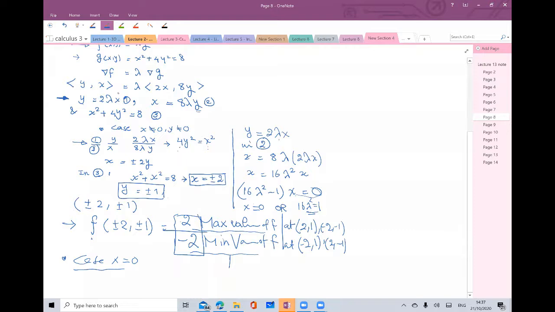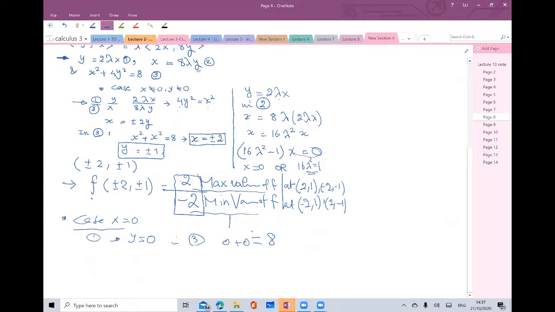If I put x is zero in equation 1, what do I obtain? y is zero، مش كده؟ يبقى in equation 3: 0 plus 0 equals 8. هل ده ينفع؟ لا. Definitely not equal, يبقى this case is rejected. فاهم قصدي؟ برضه divided by y, similarly y is zero هتديك نفس القصة، rejected. يبقى these two cases are rejected.